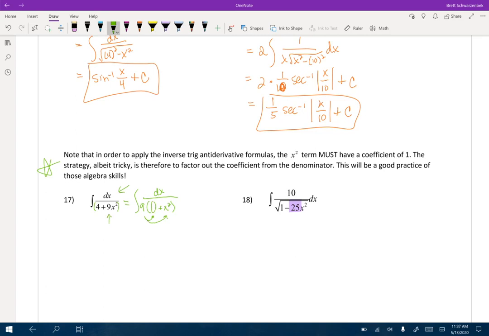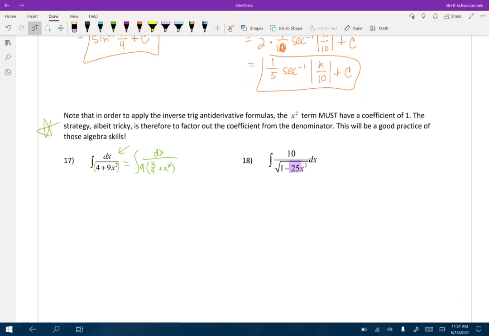Hopefully you see that it would have to be a 4/9 in order for that to happen. So this is actually a legal maneuver which just so happens to have given us a coefficient in front of the x squared of 1.